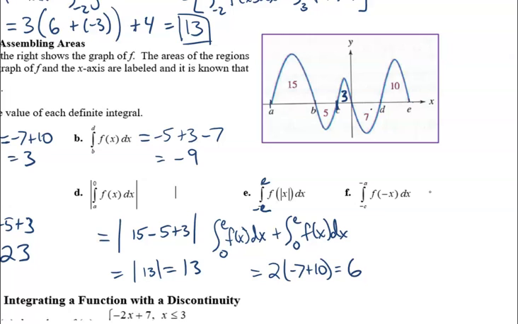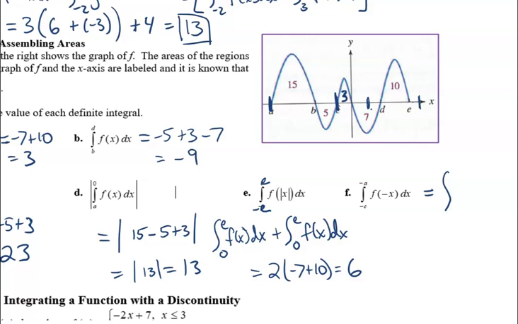So this is the same thing as, well, negative a is somewhere about right here, and negative c is somewhere about right here, but I'm plugging in the opposite of those, so I'm right back over here with the integral from a to c.